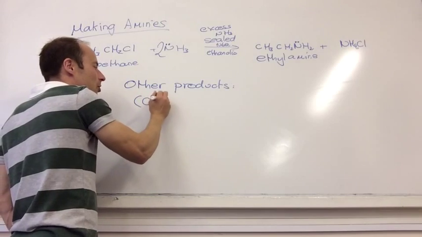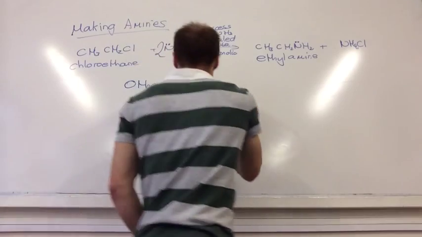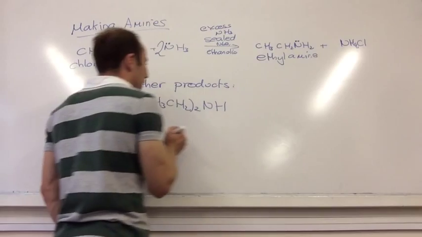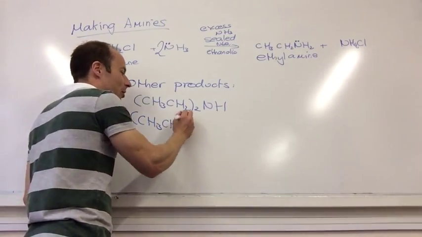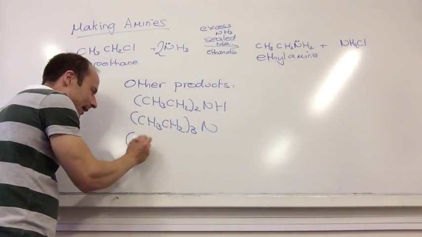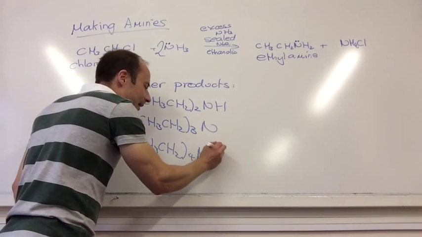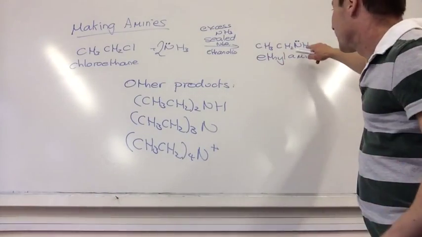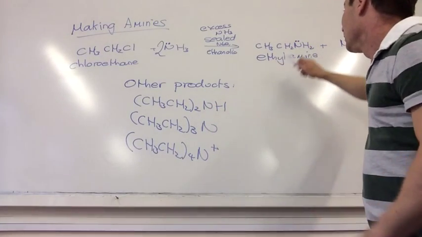For product number 2, you just keep replacing the H with the R group. So I've replaced another H. So that's the other one, (CH3CH2)3N, and then finally (CH3CH2)4N+. So every time just replace that H with the R group.